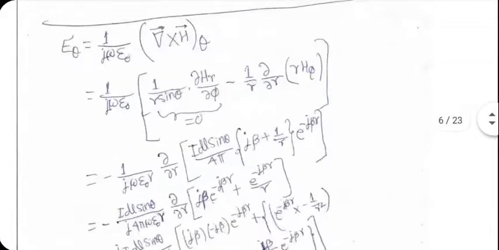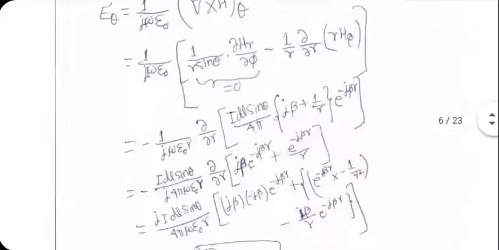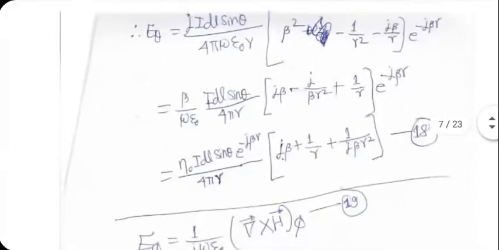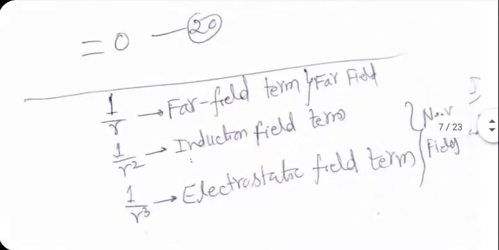And if you go back to the field components, let's look at it carefully once, at least in the far field. Before I go to power calculations, it's a good idea to get a feel for it. Oh, by the way, I forgot to mention, the 1 upon r term, of course, is known as the far field term or far field simply.